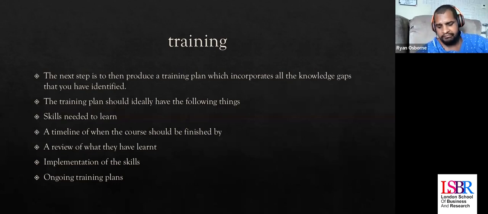Then you would need to identify a timeline of when the actual course is going to be finished by. Reason being is that when you're looking at a course and you're looking at your job, you need to look at how many hours you work, and then you need to look at how long the course is going to be.